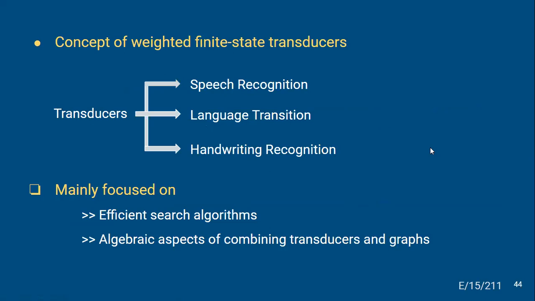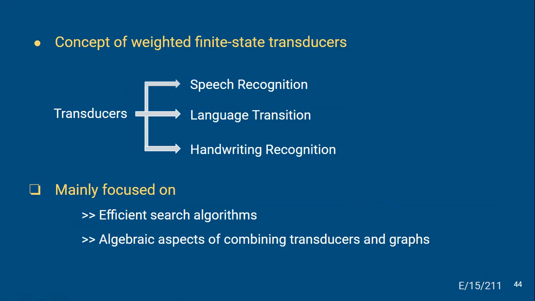The concept of weighted finite state transducers has been applied to speech recognition, handwriting recognition, and language translation. This has mainly focused on efficient search algorithms and on the algebraic aspects of combining transducers and graphs. A different approach to graph-based trainable systems, called the input-output hidden Markov model, was proposed.